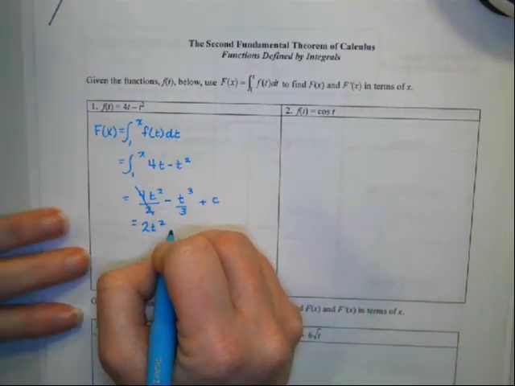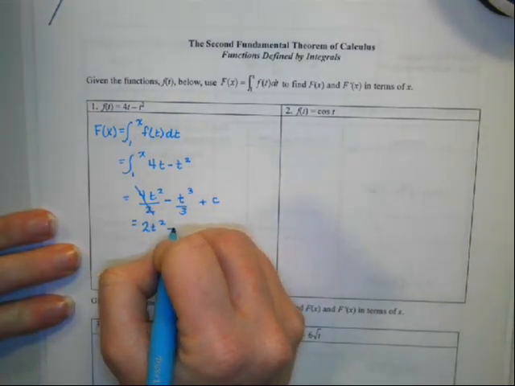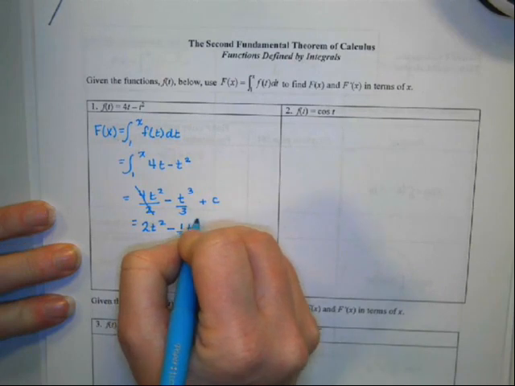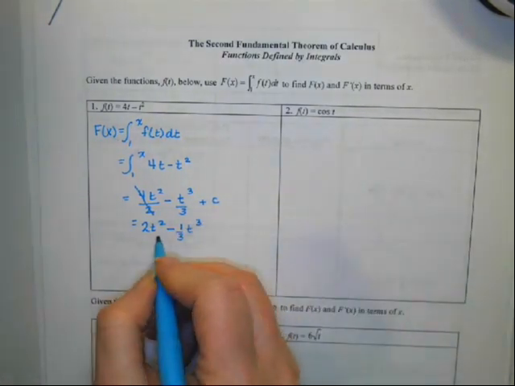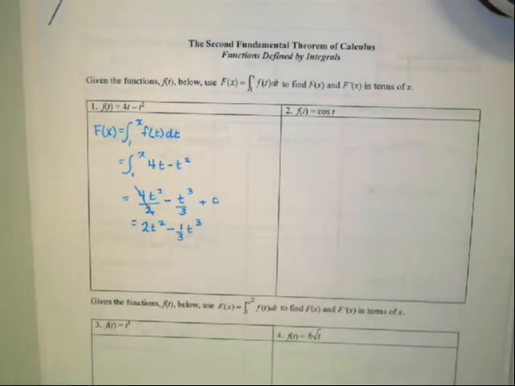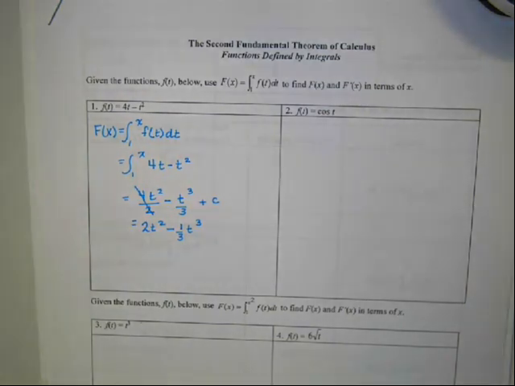We have actual bounds, so we can plug in. Minus 1/3 t to the third. Now go ahead and plug in x as your first value minus 1 as your second value. Take a second and do that real fast while I turn on her test.